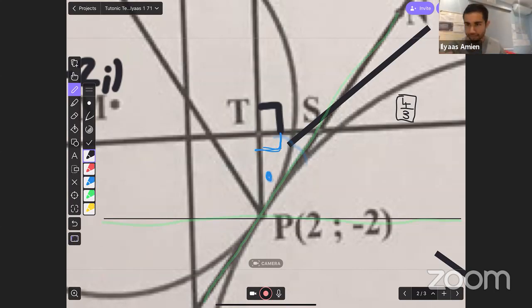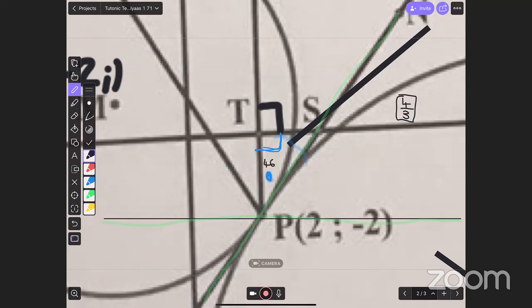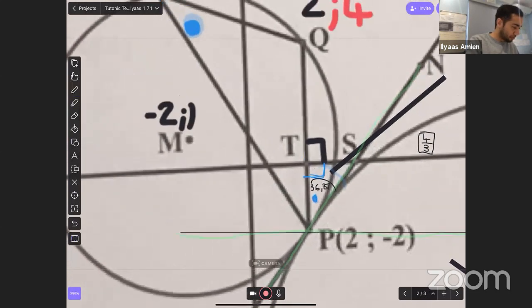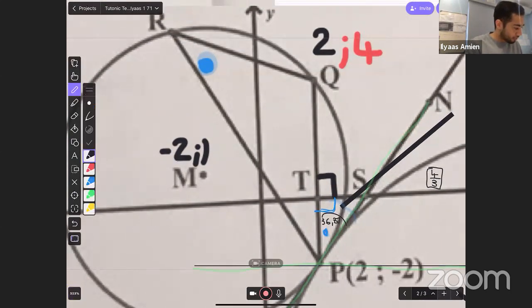And then 90 minus that. 36.87. But that, using the tan-chord theorem, is equal to that. And that's your answer.